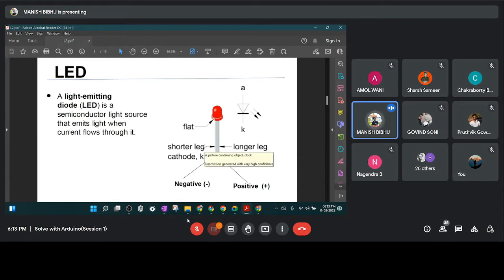When we connect the positive terminal of the LED to the positive supply of the battery and the negative terminal to the negative supply of the battery, then only the LED works. So the basic funda is we have to connect the right terminal to the right power supply.